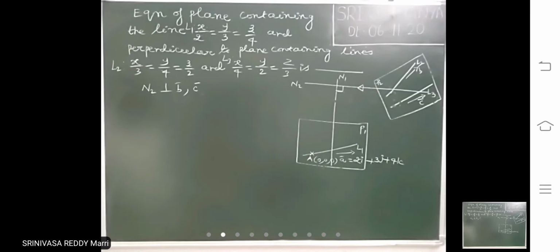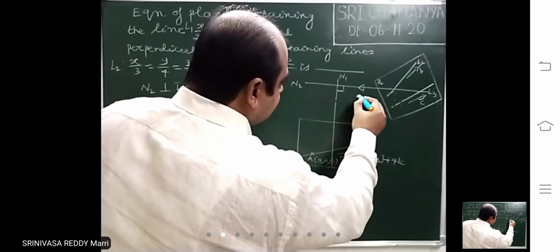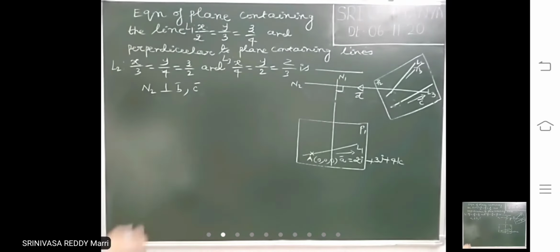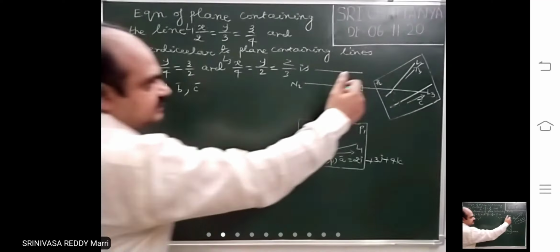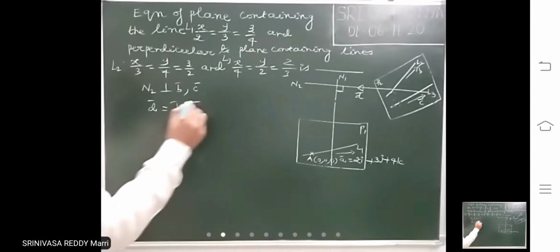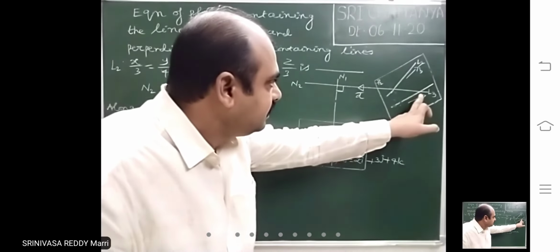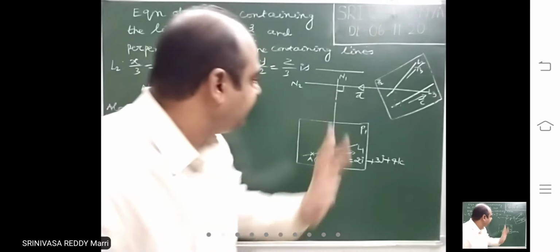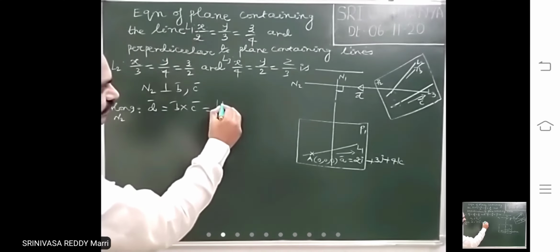Let us say the normal vector is d bar. Therefore d bar will be b bar cross c bar. N2 is perpendicular to b bar and c bar, therefore d bar is one vector, b bar cross c bar. That I am finding out.